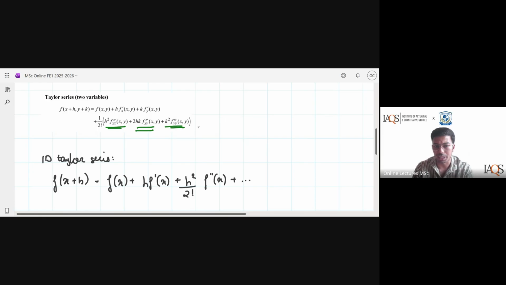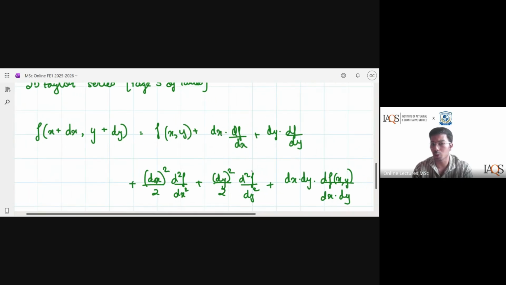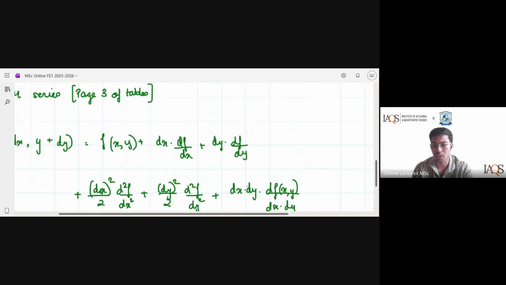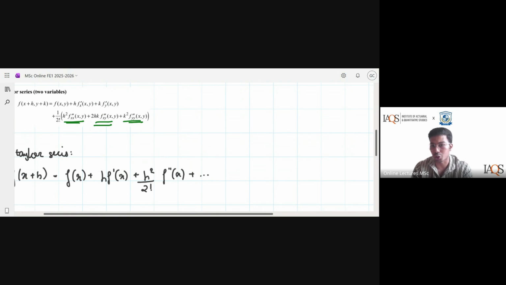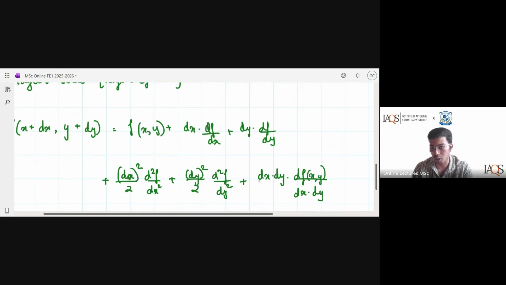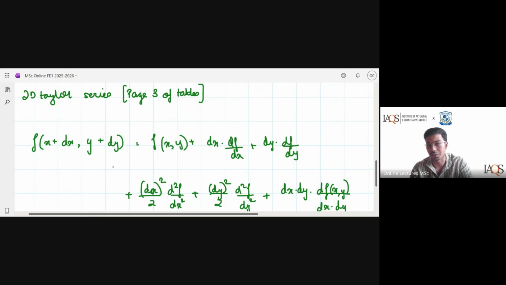When you open this bracket, it ideally becomes dx square by 2 times the second derivative with respect to x, dy square by 2 times the second derivative with respect to y, plus it's like 2ab, but there's 2ab over here and there is a division by 2. So this becomes the derivative of the function with respect to x and y, and dx into dy. This is what the two-dimensional Taylor series is. Like you have the one-dimensional Taylor series, in the same way you have this as the two-dimensional Taylor series.